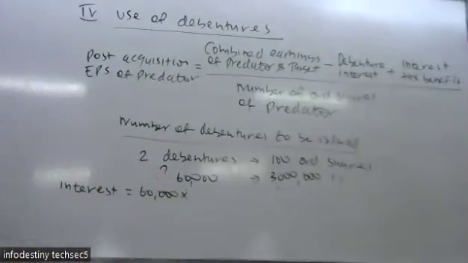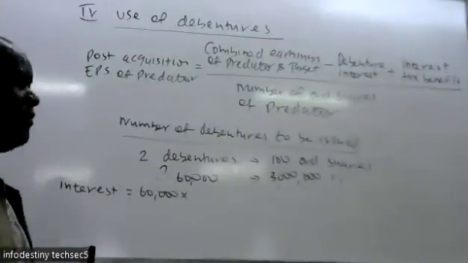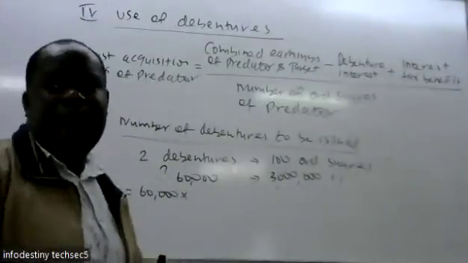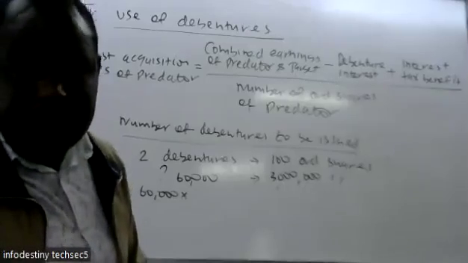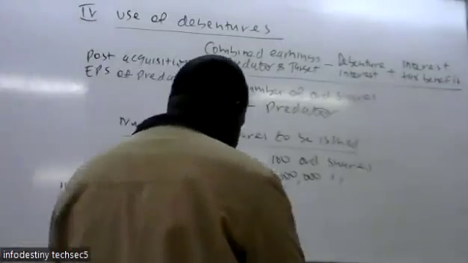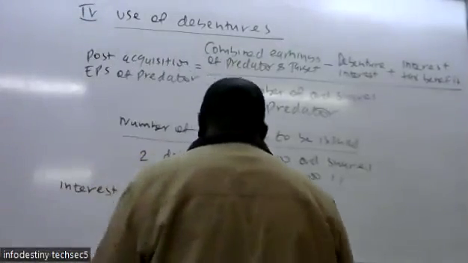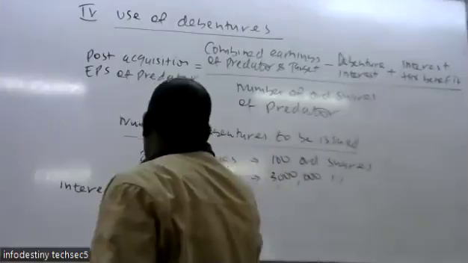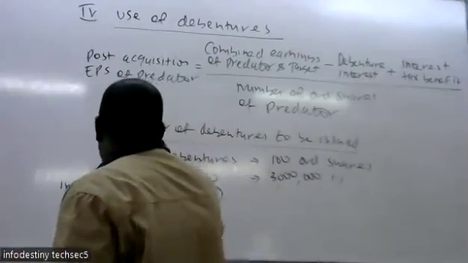So it will be 60,000 debentures. Then we multiply by the par value per debenture, which was 500.